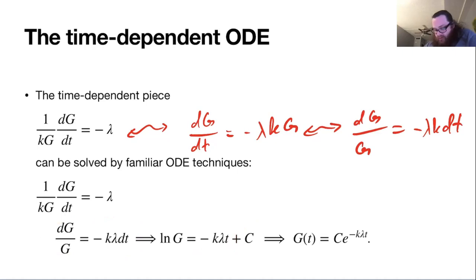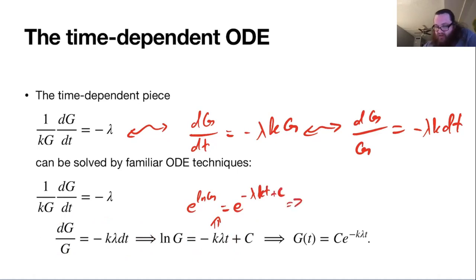Great. So now let's solve for g, right? Exponentiate both sides. Writing it out explicitly, you're going to get e to the ln of g is equal to e to the minus lambda k t plus c.